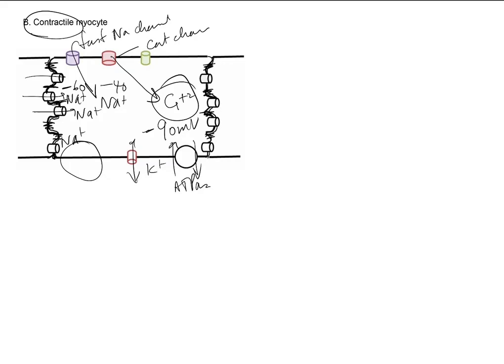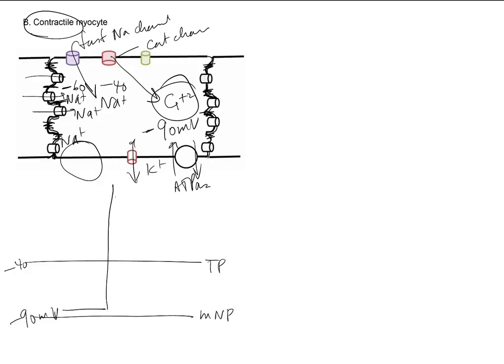Take a look at what that looks like electrically. Now you can see that our maximum negative potential starts at minus 90 millivolts. Our activation threshold potential is still the voltage-gated calcium channel, so that's still at minus 40. And so we can see coming along here, it's in steady state. We get the depolarization signal, and then there's the calcium channel, and there's my potassium restoring balance.